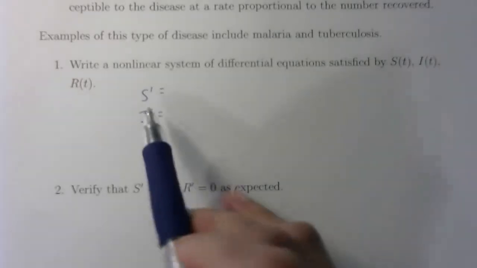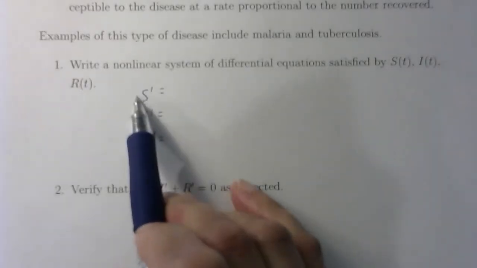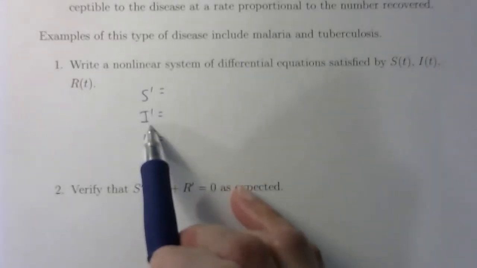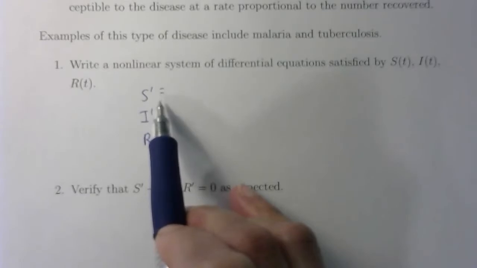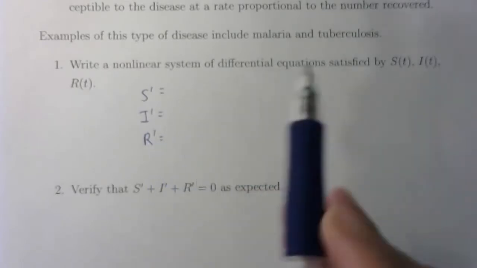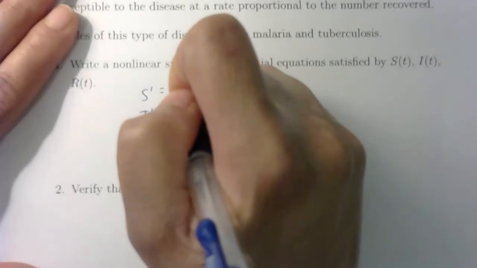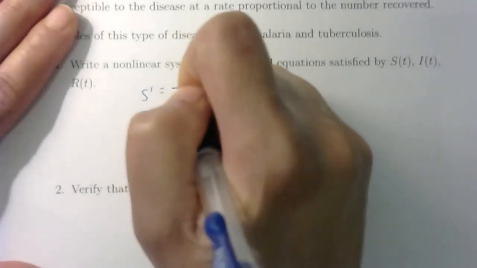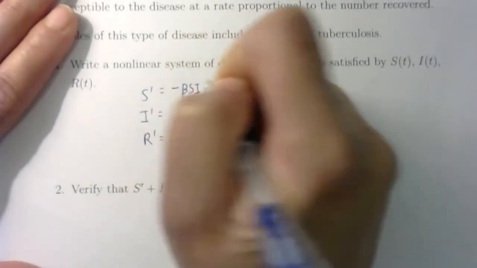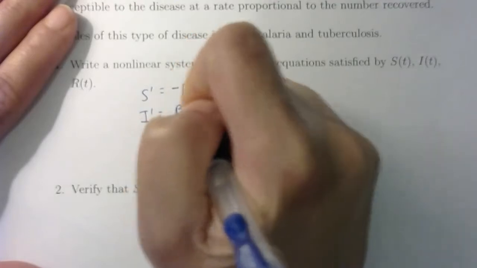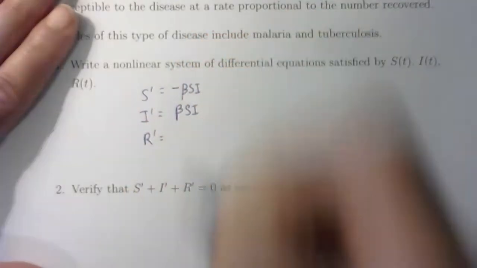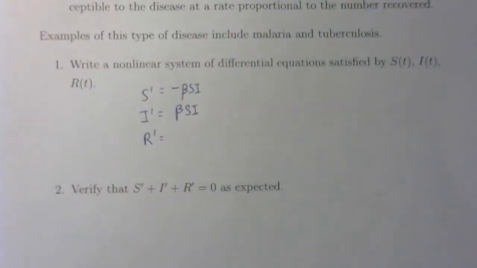That means the way that people leave the group of being susceptible and go to infected is there has to be some term that has an S times an I and a proportionality constant. I'm going to call that one beta. So you leave susceptible, so beta SI individuals leave, and they show up in the infected bin. Okay, hopefully that makes sense.